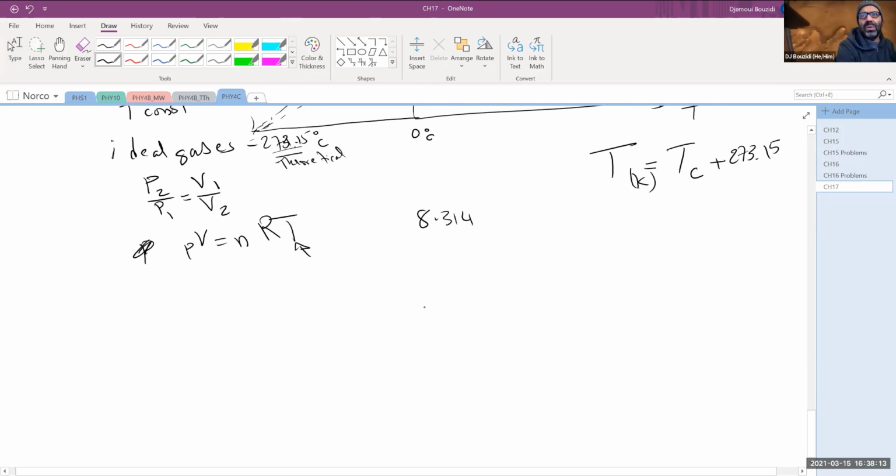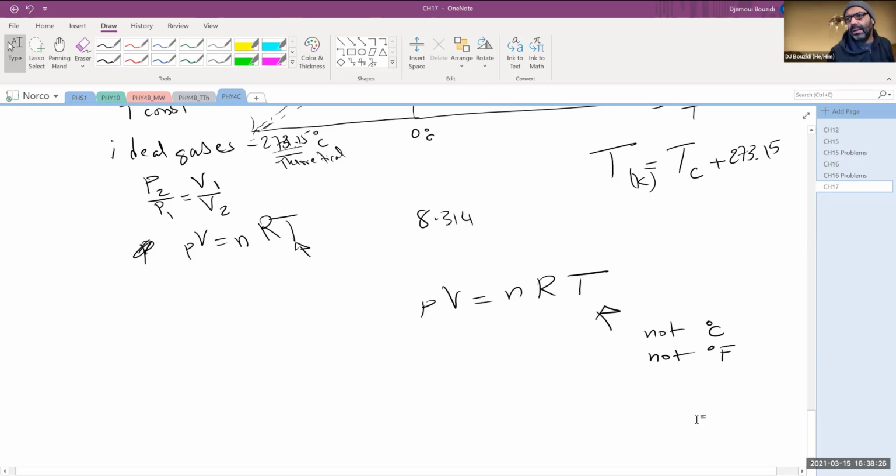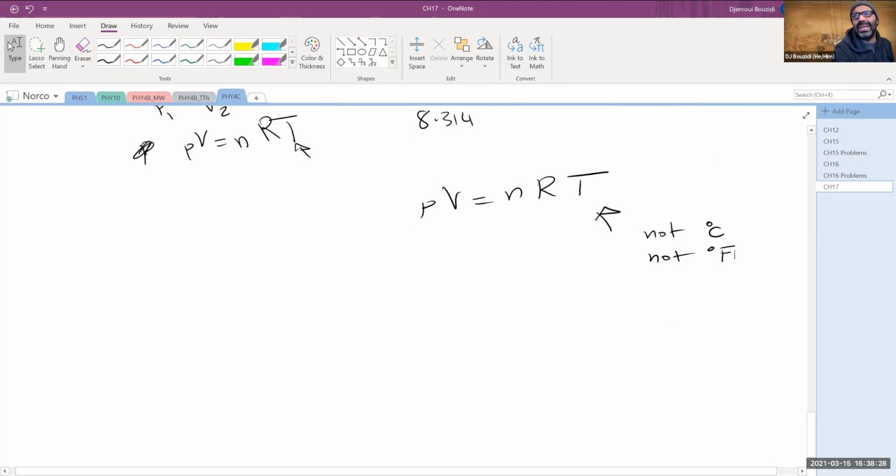So this law now, PV equal to nRT, this T is not in degrees Celsius, not in degree Fahrenheit, not in Rankine, which is another unit, but rather it's in Kelvin, must be in Kelvin.